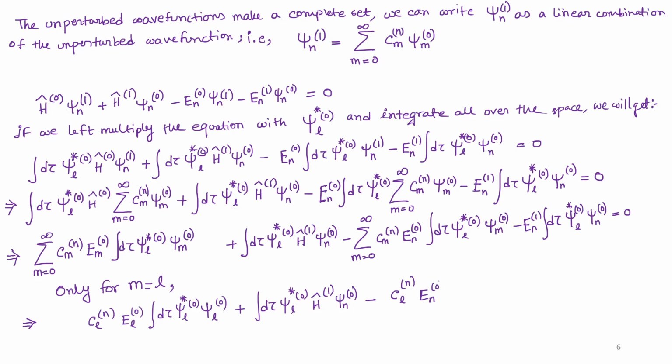Here it is En0, and it is d tau psi L 0th star. M is L now, and it is En1, d tau psi L 0th psi nth 0th.